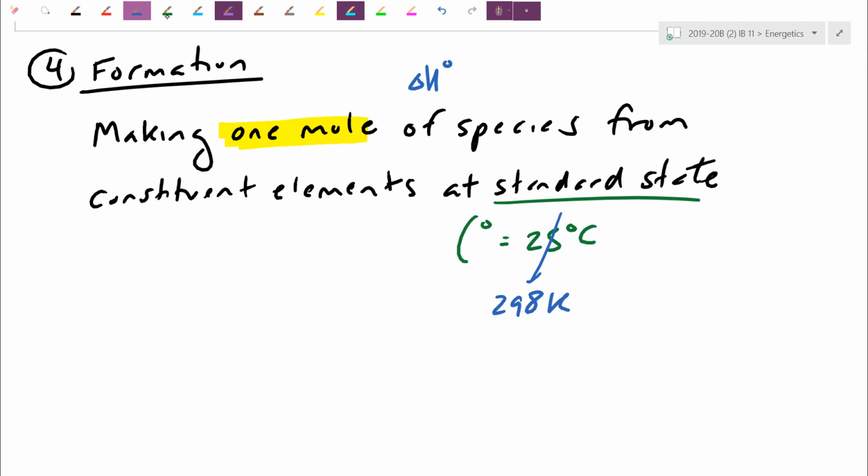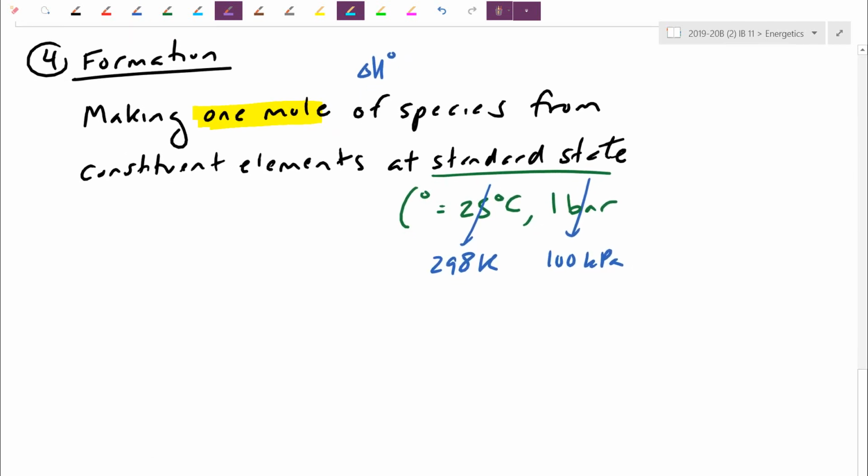In terms of pressure, standard pressure for the longest time used to be 1 atmosphere. We are under 1 atmosphere of pressure because there's 1 atmosphere above us. We don't really feel it because 1 atmosphere is not all that big. But nowadays we prefer 1 bar instead. 1 bar is equivalent, in pascals, to 100 kilopascals or 100,000 pascals. That's your standard pressure.